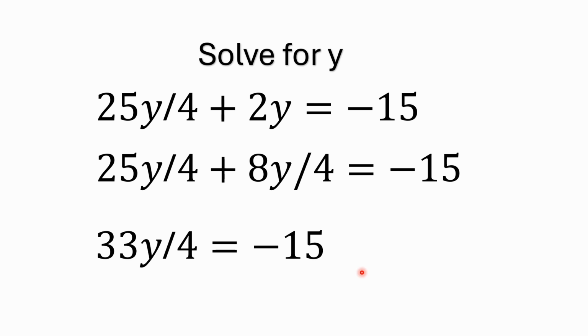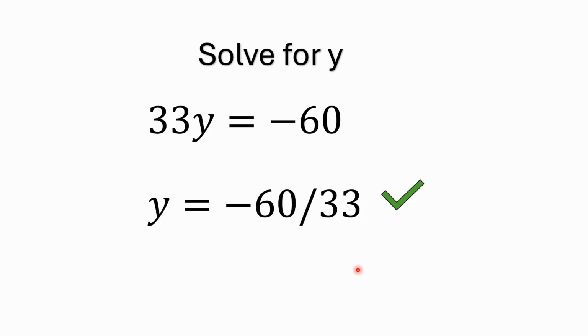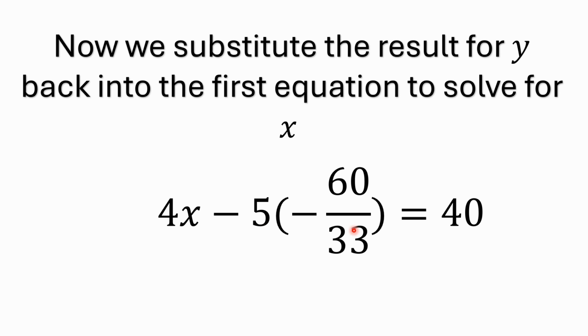We can solve for y, multiply both sides by 4, gives you 33y equals minus 60. So y would be negative 60 divided by 33. Now you could divide that out if you wanted to. I'm just going to leave it there as a fraction.